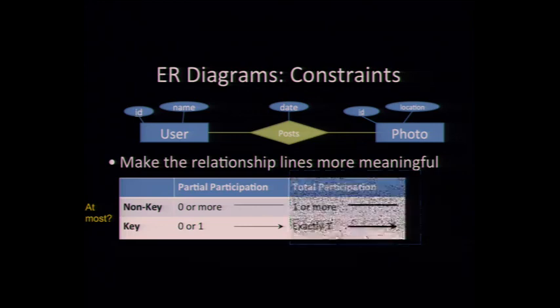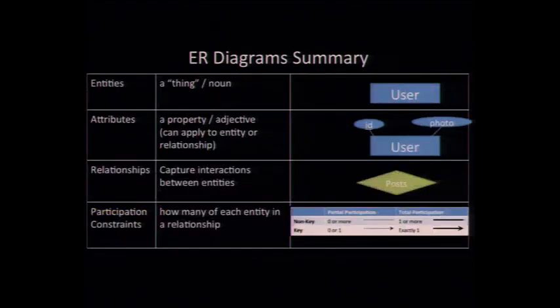And then we also have participation constraints, which give you at least how many. If you want at least 1, then you're looking at total participation. And if you say at most 1 and at least 1, you end up with exactly 1, which is when you get total participation in a key. Right? So that's the basic summary.